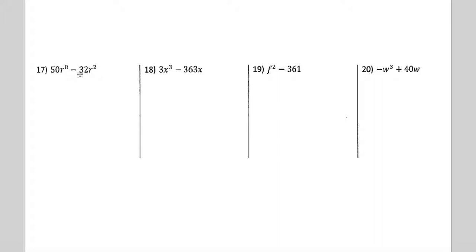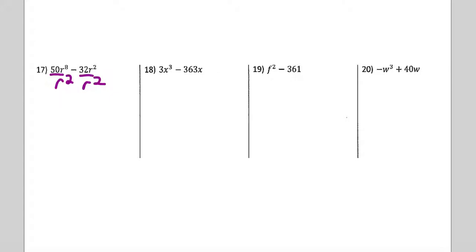Ooh, 17's fun. First thing I'm noticing, well, I get really attracted to high exponents, so I'm going to be able to factor out something because they both have the same base of r and the smallest degrees too. With the directions set of factor, folks, even if you can only pull out a GCF, that's still factoring some of it.